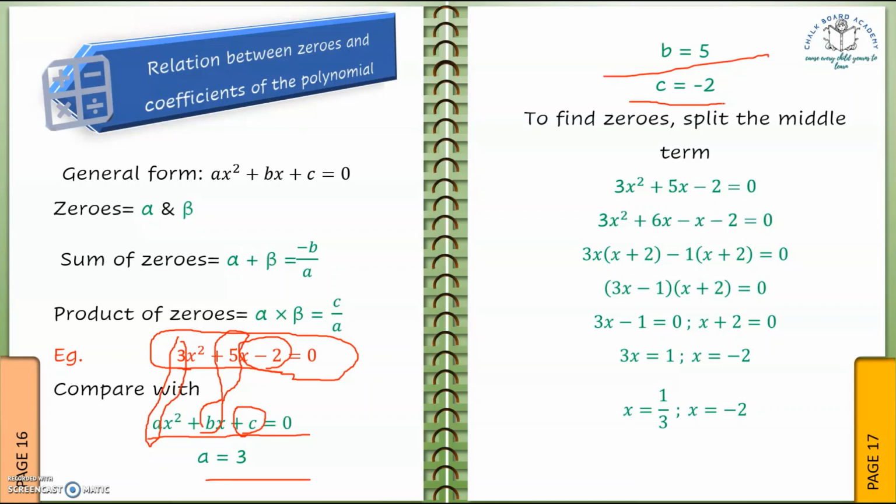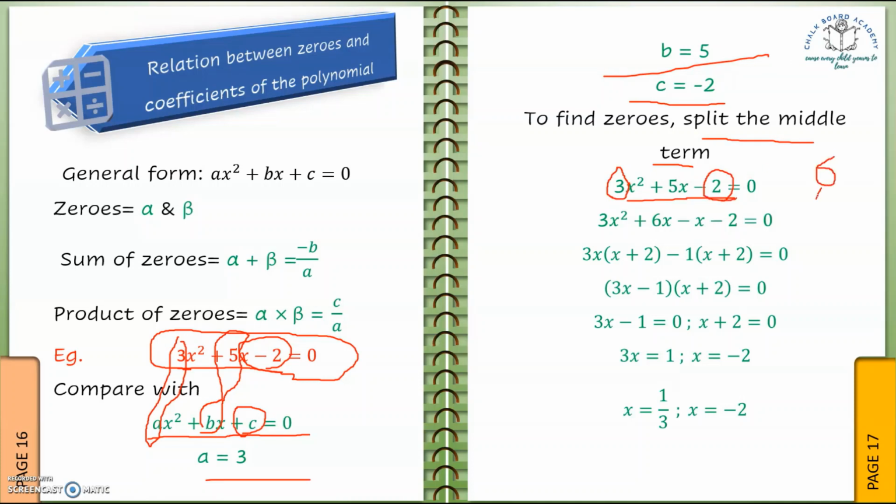Now to find the zeros, we are not going to use the previous method, hit and trial. Here we are going to do this by splitting the middle term. So now we have this equation 3x square plus 5x minus 2 is equal to 0. The very first thing we have to do is multiply this 3 with 2, so we get the answer 6.